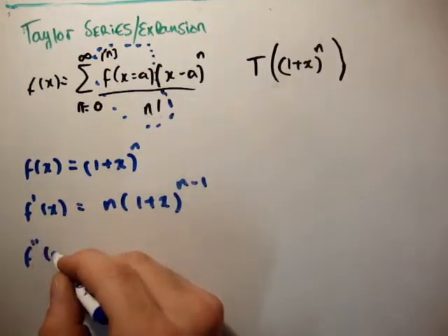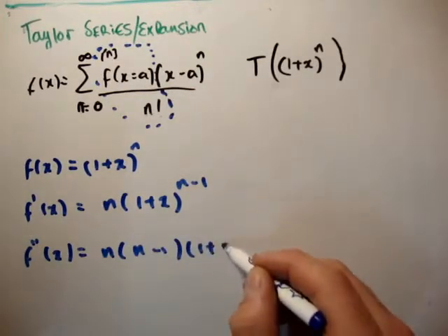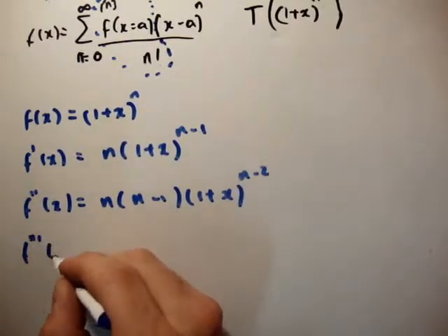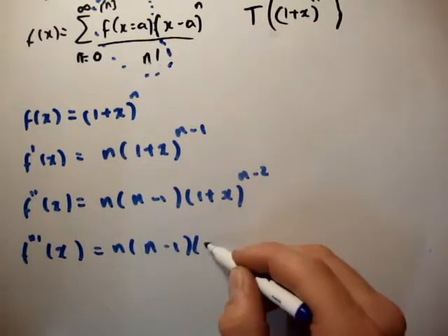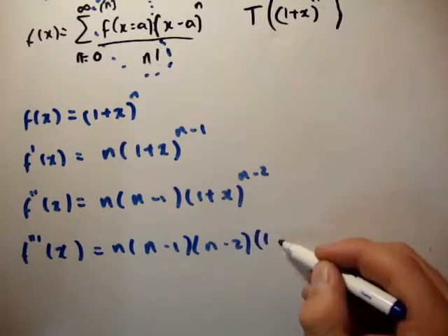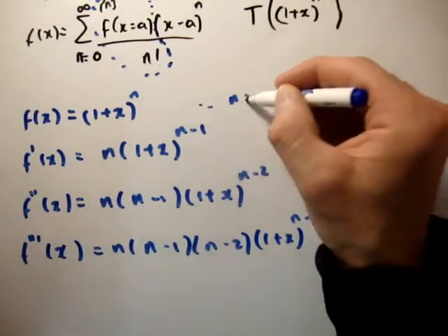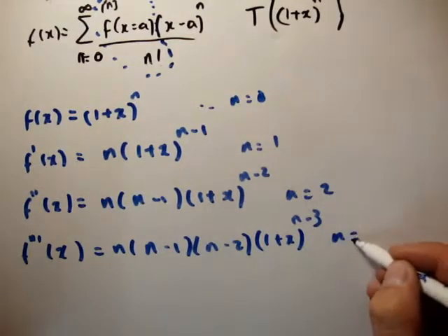The second derivative is going to be equal to n(n - 1)(1 + x)^(n-2). The third derivative is equal to n(n - 1)(n - 2)(1 + x)^(n-3). Note here, this is for the 0th, 1st, 2nd, and 3rd derivative.